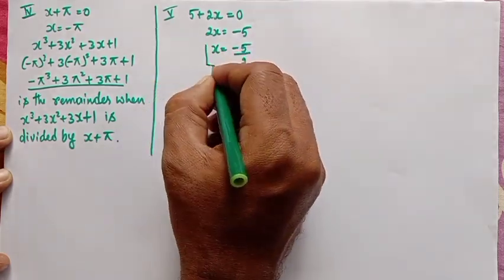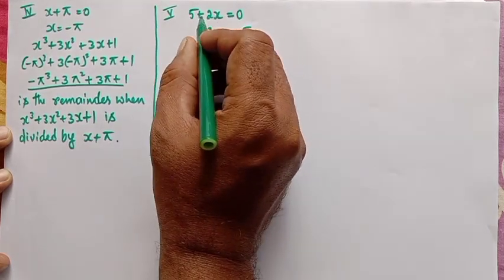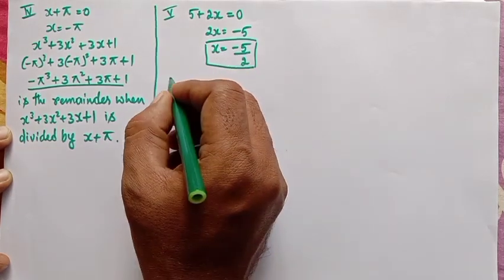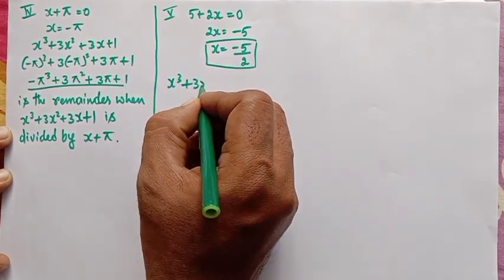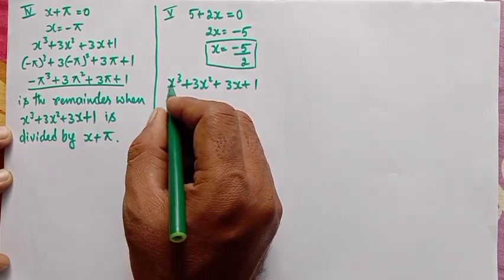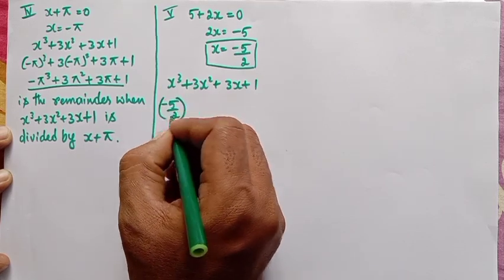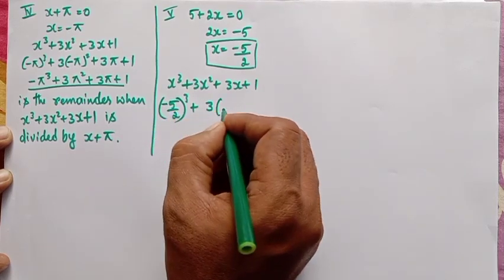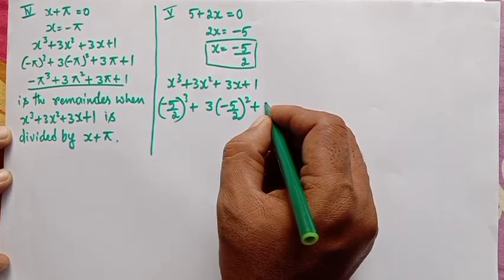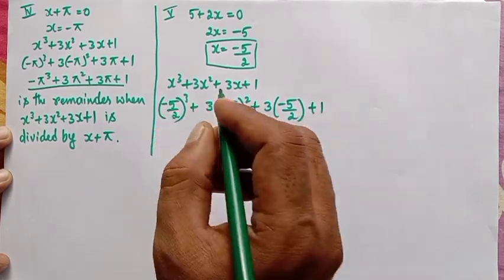So this is the value of x, that is the root of this polynomial 5 plus 2x, in x cube plus 3x square plus 3x plus 1. So the value of x is minus 5 by 2 whole cube plus 3 into minus 5 by 2 whole square plus 3 into minus 5 by 2 plus 1.